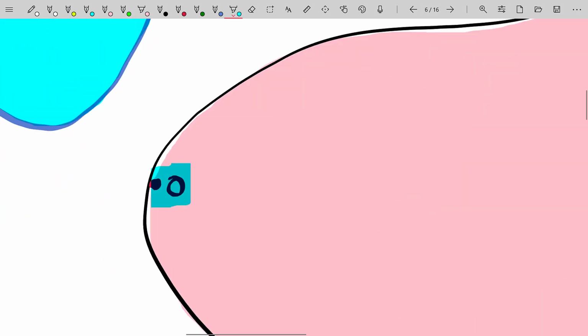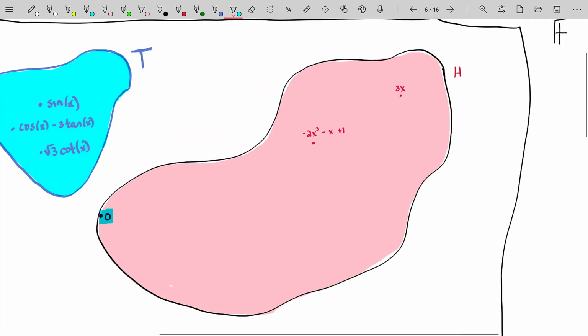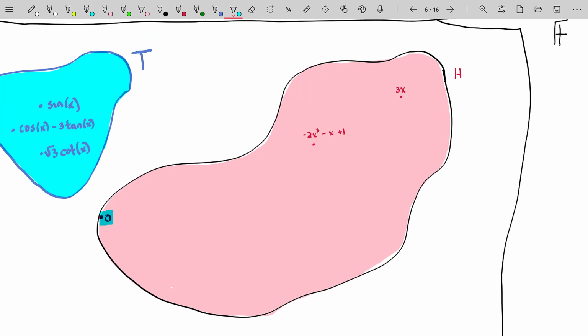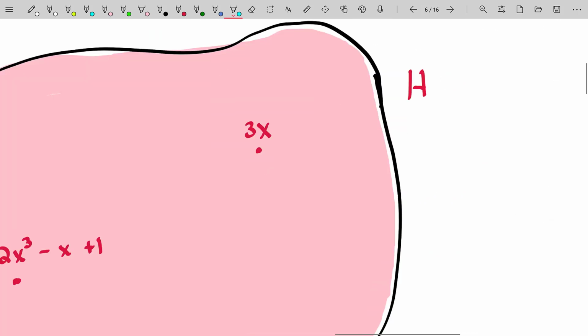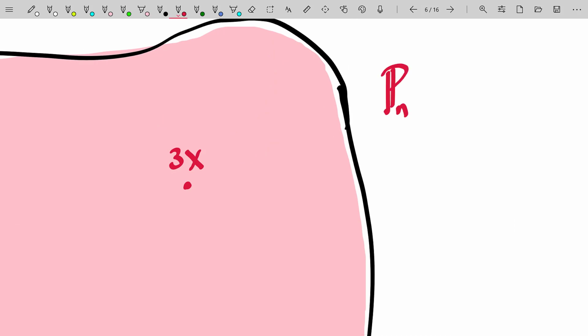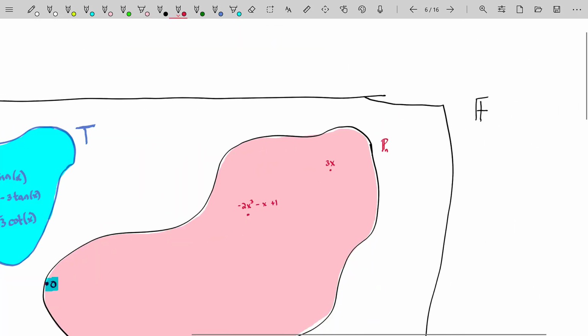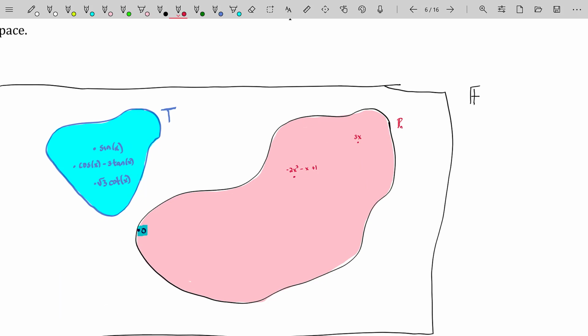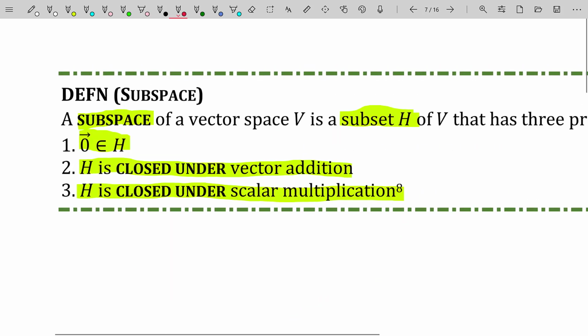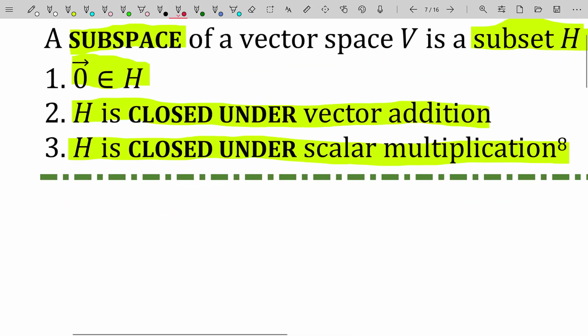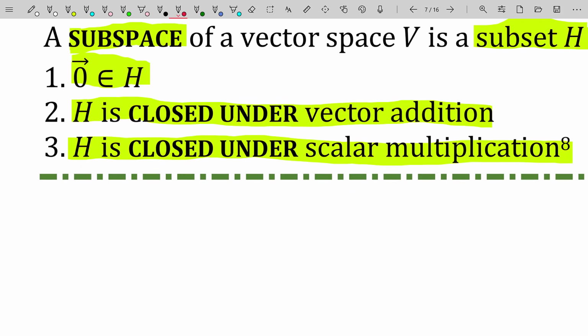So it has 0 and it's closed under scalar multiplication and vector addition. That means by definition, H, which again is technically in this case P sub n, is not just a subset of our vector space F, it's actually a subspace of our vector space F. And that's by definition.